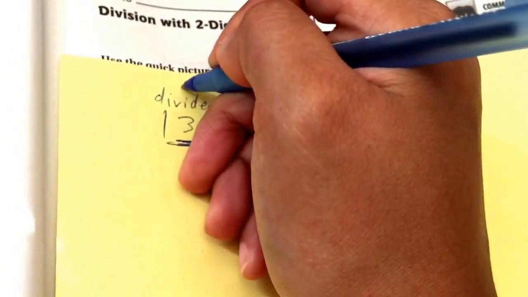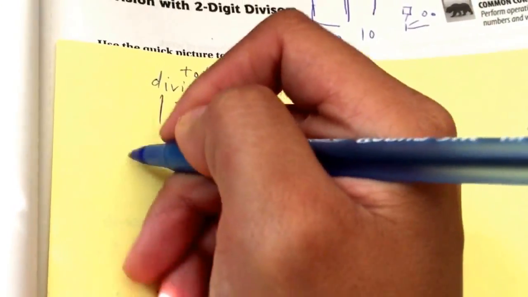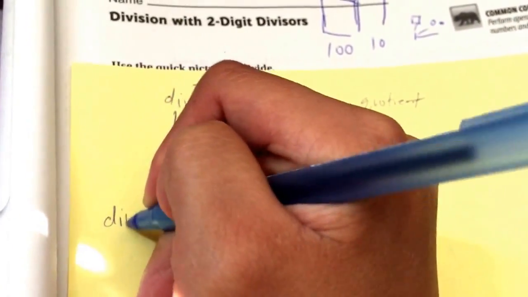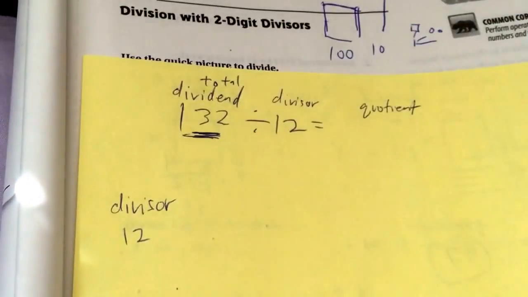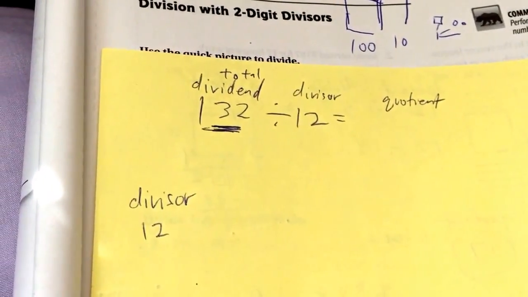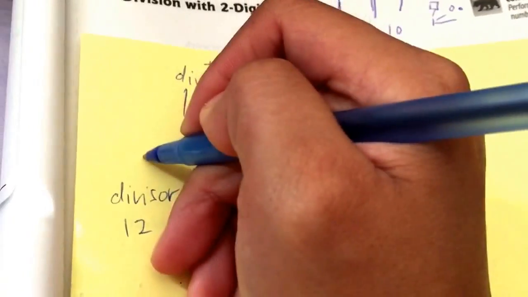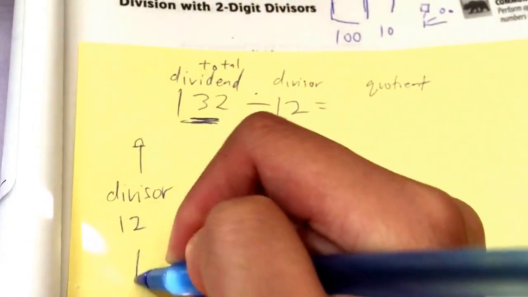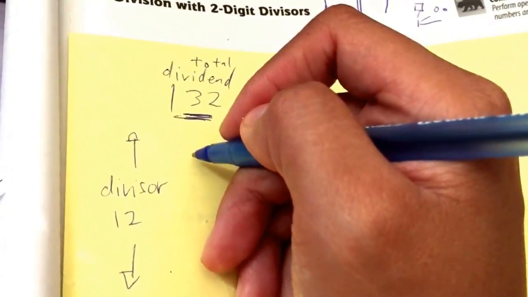132 is our dividend, which is our total. 12 is our divisor. Going left and right, we're going to write our divisor here, and that's 12. So if we're to represent our divisor 12, we're going to have 12 going up and down.